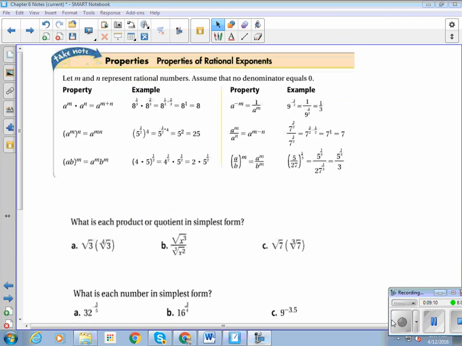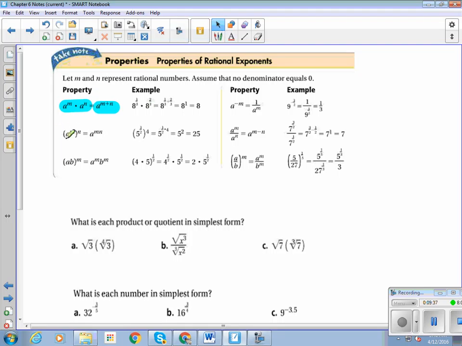All right, so let's take a look at some properties. We have seen these properties before. So if you don't already have them memorized, definitely write them down. When you multiply same base, you can rewrite them as one base with the exponents added.